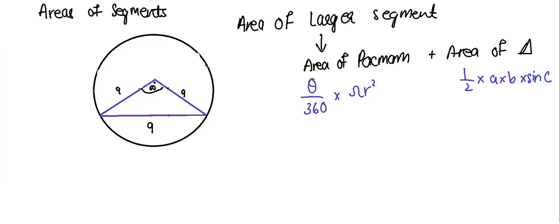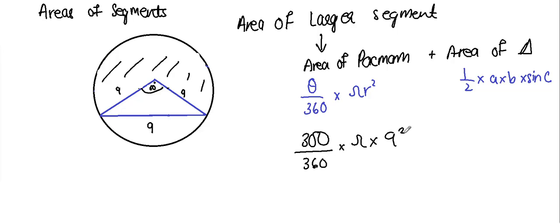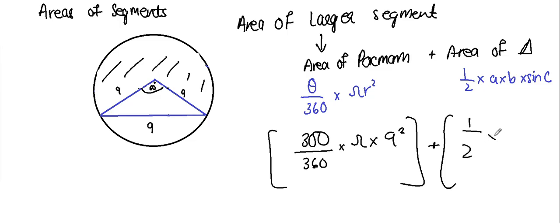Okay, done. Now, area of a Pac-Man. This can be called as larger segment. We need to find the area of the larger segment, this region. 300 upon 360 multiplied by pi multiplied by 9 squared. Add this all. 1 over 2 multiplied by 9 multiplied by 9 multiplied by sine of 60.